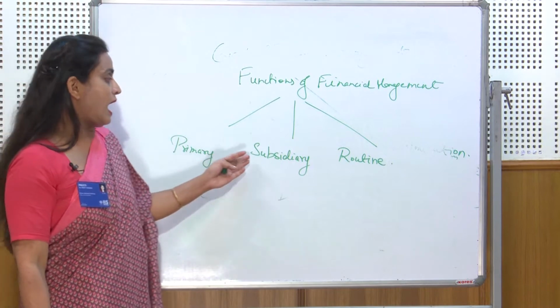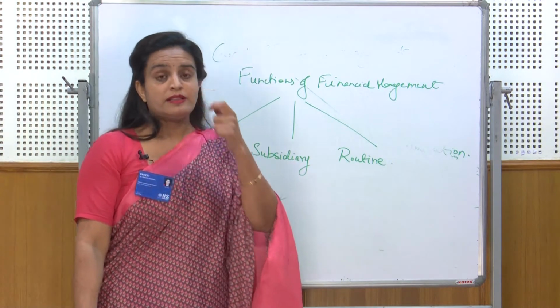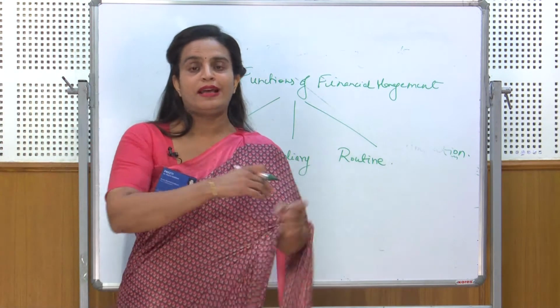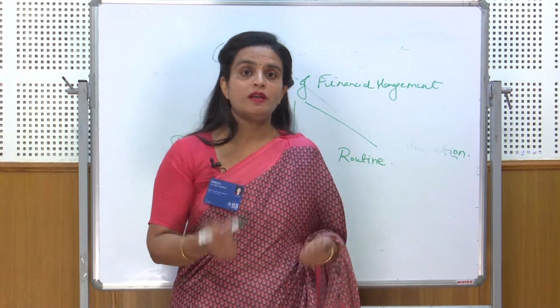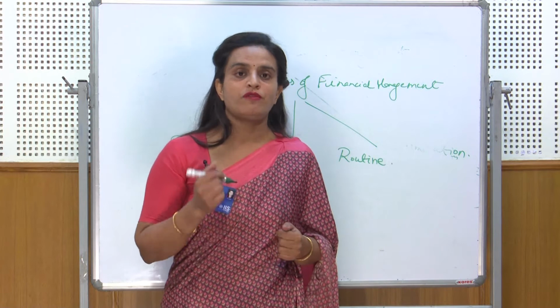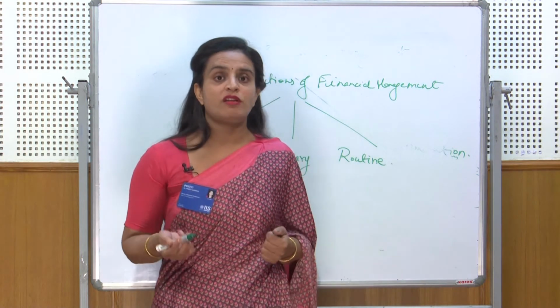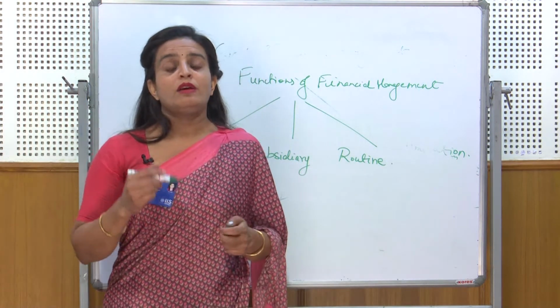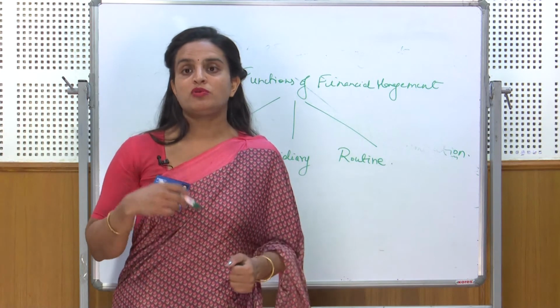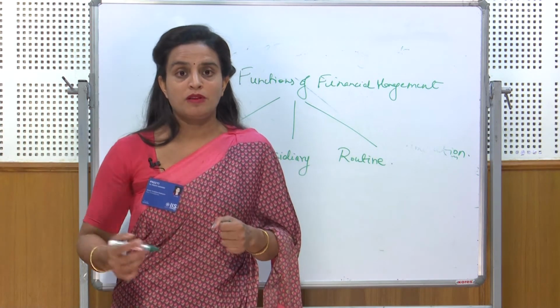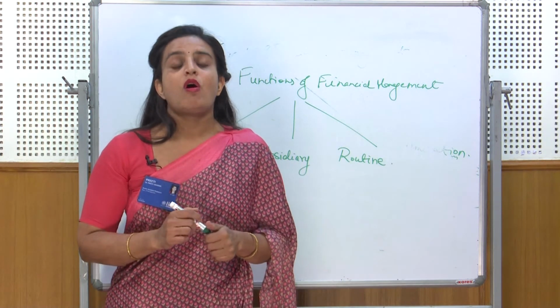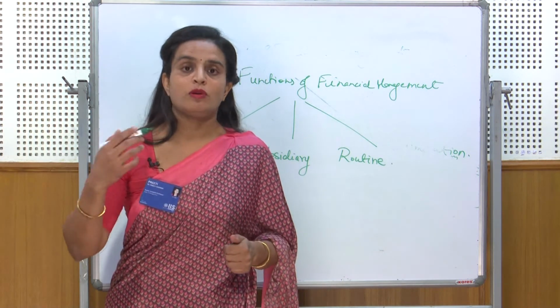Now, next we have subsidiary functions. Subsidiary functions include the liquidity function. As we know, it is very important to maintain a certain amount of cash in order to meet day-to-day requirements of the business. Like we require cash for making payments to creditors or for paying electricity bills, stationery expenses or wages and salaries to employees.